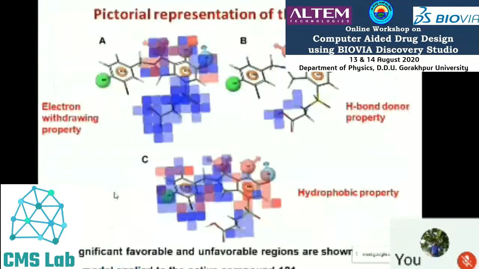Here is a representation of the contours of a QSAR model. So what do you understand from this figure? There are a lot of blue and red cubes, contours. The blue contours in A are for electron withdrawing property.